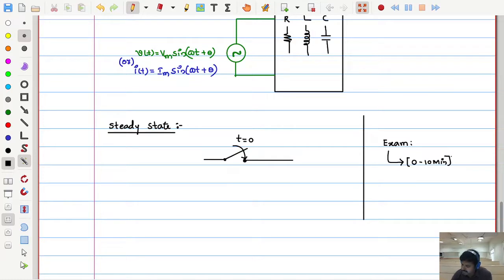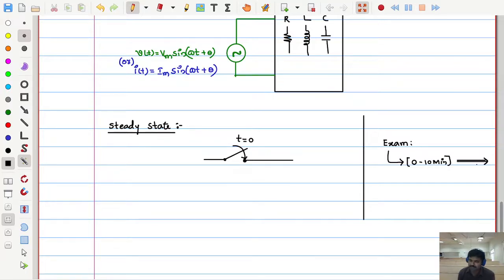But after some time that becomes habituation and you will get aware of the exam hall and the invigilator and all the other persons around, and your mindset will reach a certain position where now there is no more fear, and you will simply be performing your examination at a constant level.